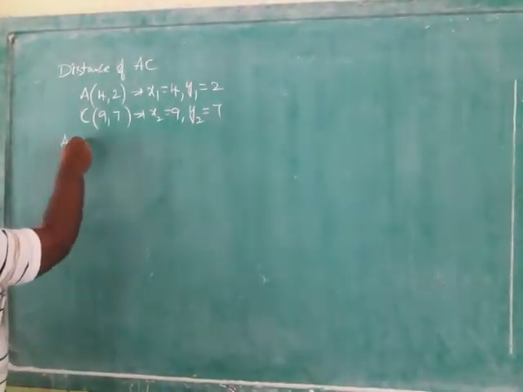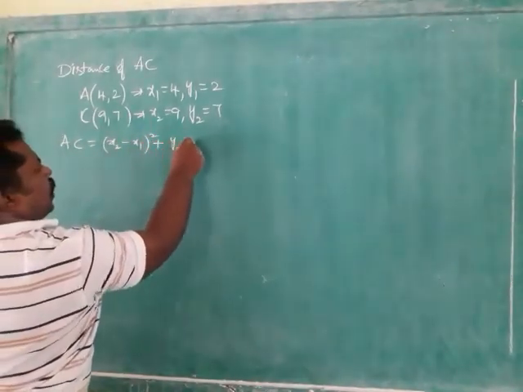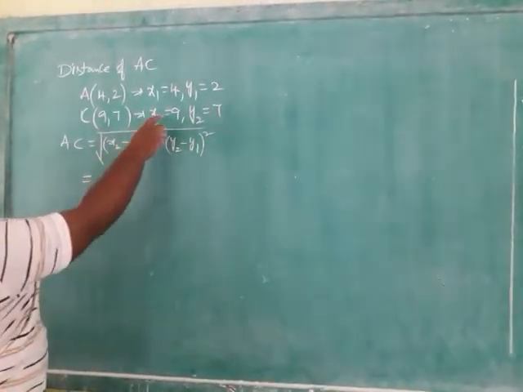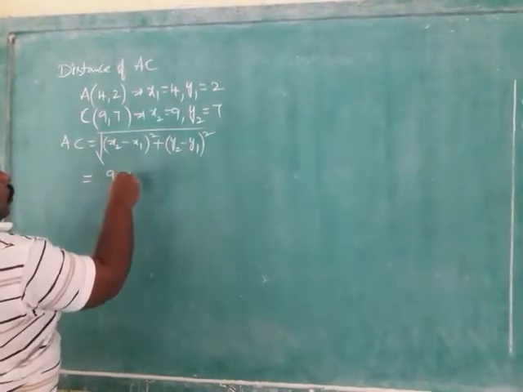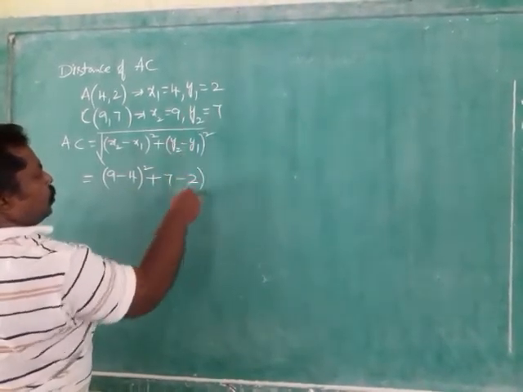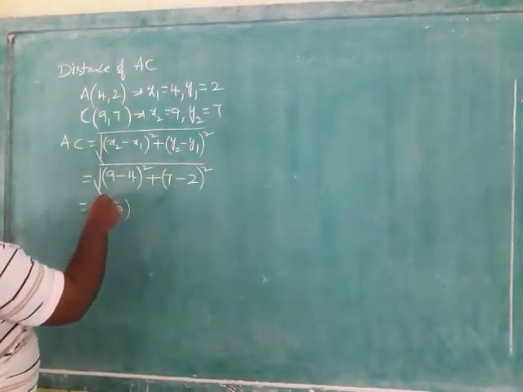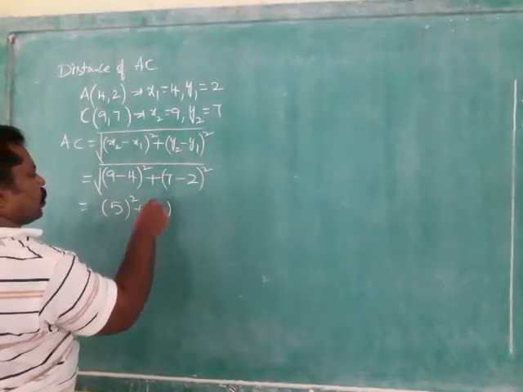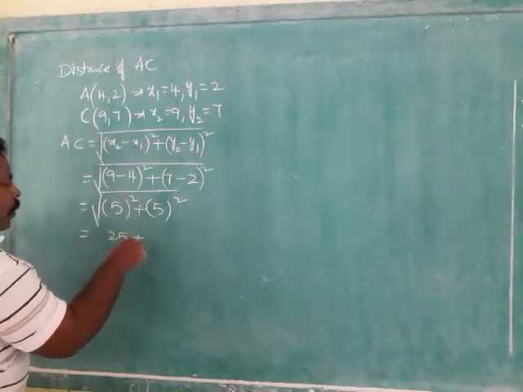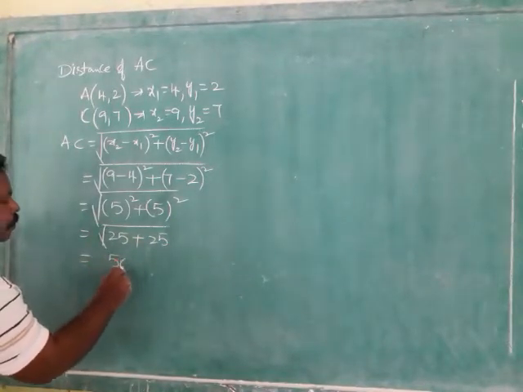Now, AC is equal to the square root of (x2 minus x1) whole square plus (y2 minus y1) whole square, which is equal to x2 value 9 minus x1 value 4 whole square plus y2 value 7 minus y1 value 2 whole square, which is equal to 9 minus 4, that is 5 whole square, plus 7 minus 2, that is 5 whole square. 5 square means 25 plus 5 square 25, that is equal to 50.